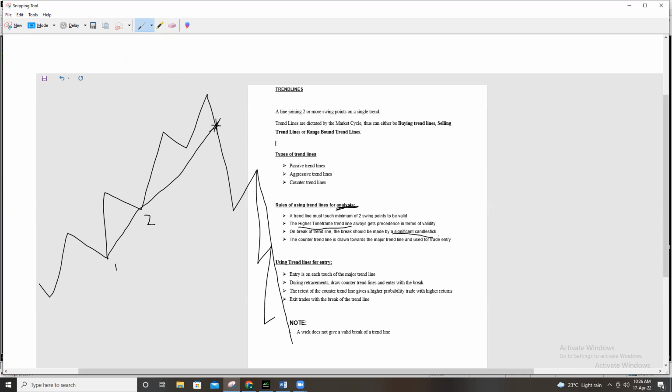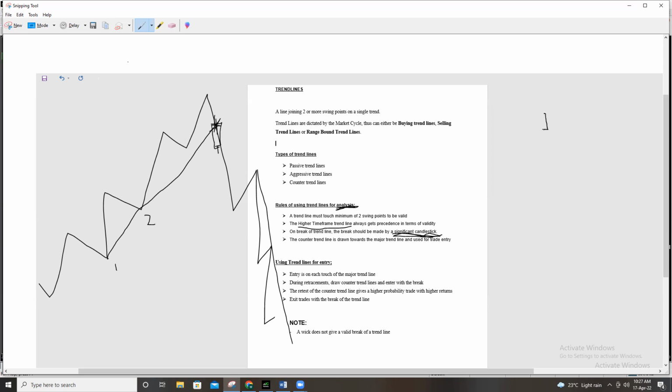Okay, I'm not about to talk about the candlestick names and the Bible and everything, no, but that candlestick must be significant. I'll touch on it in a different video where we talk about the importance of different candlesticks. But today, let's just say the break must be from the body of a candlestick.